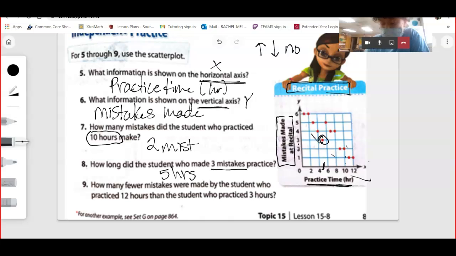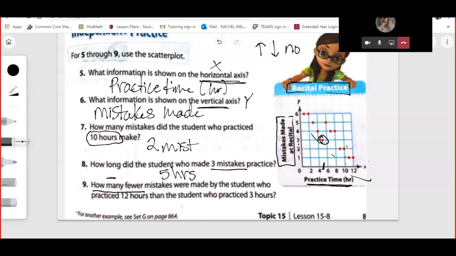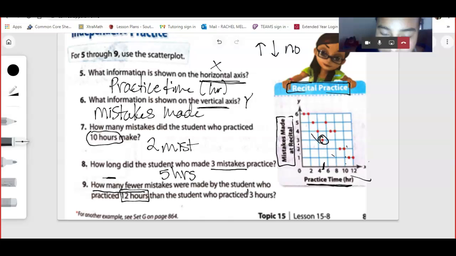Okay. Number 9. How many fewer mistakes? Well, first of all, how many fewer tells us we need to do what operation? Subtract. So we're going to have to subtract here. How many fewer mistakes were made by the student who practiced 12 hours than the student who practiced 3 hours?